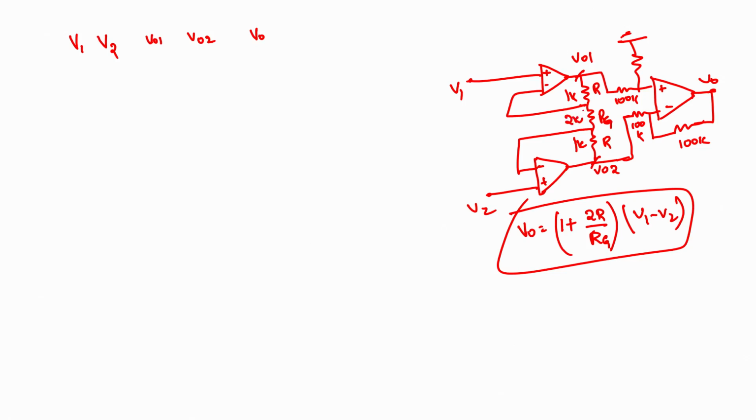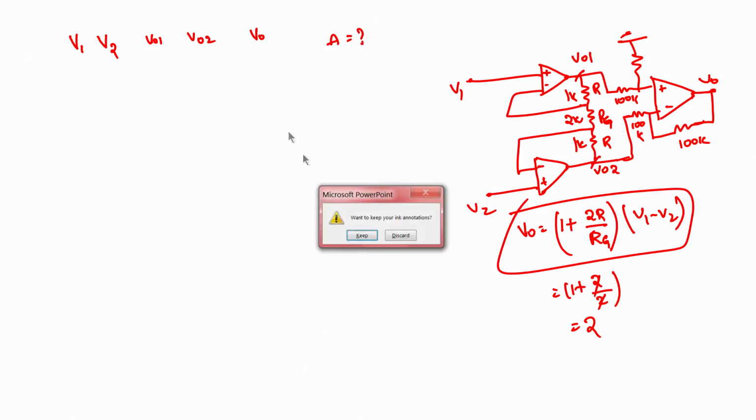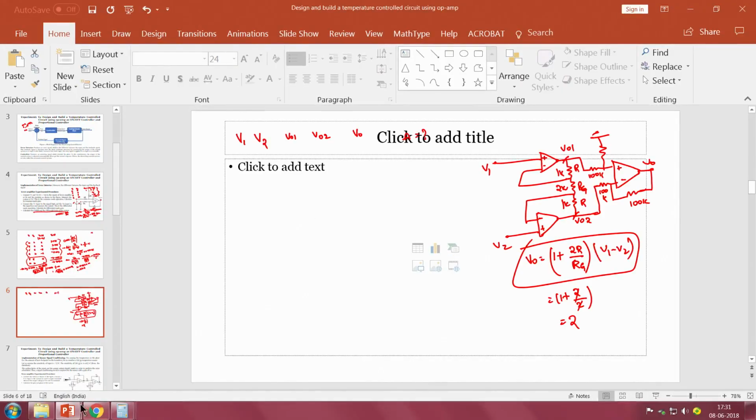If I take Rg as 2K, the gain will be 1 plus 2 into 1K divided by Rg 2K. So, the gain is 2, right. The gain of the system is 2. So, we will see what is the gain of the system even theoretically, and theoretically we have calculated 2. We will see with simulation.